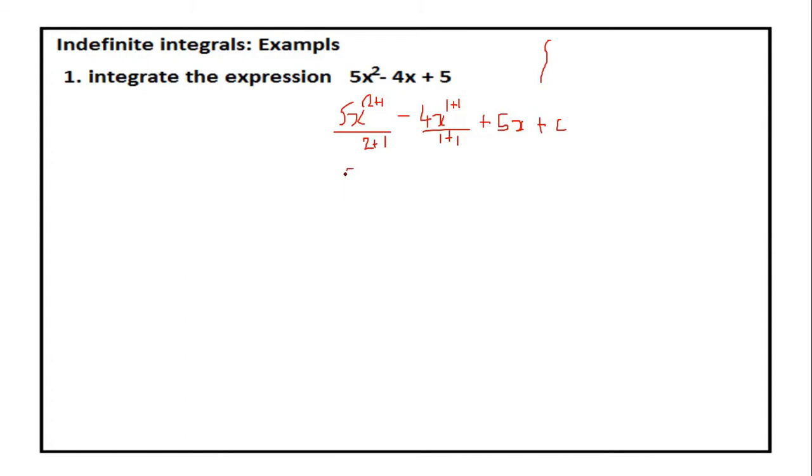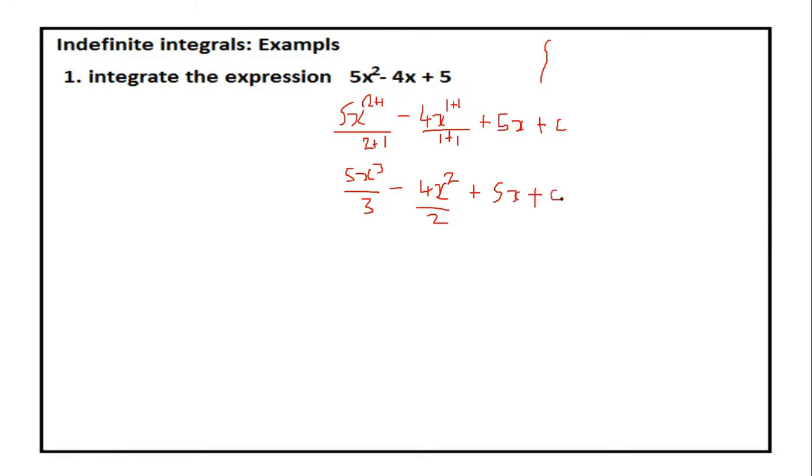Okay, so this one will now be 5x to the power 3 over 3 minus, so this one now becomes 4x squared over 1 plus 1, which gives us 2, plus 5x plus c.